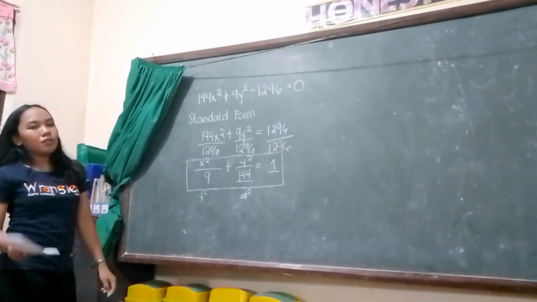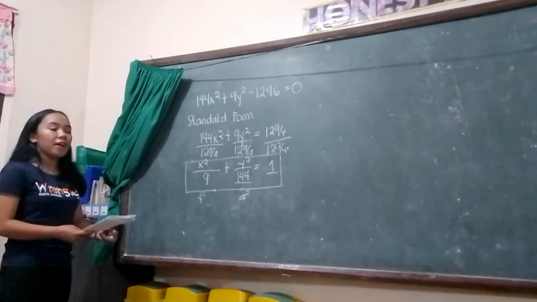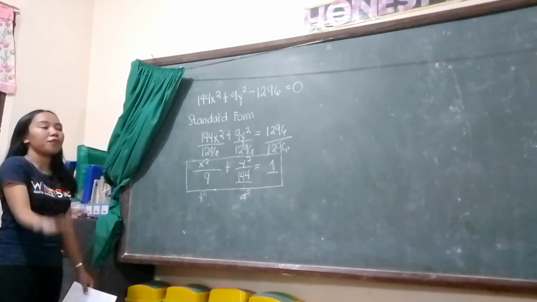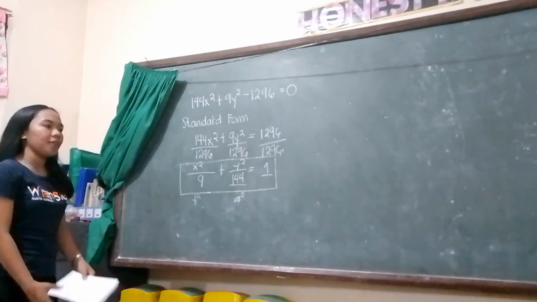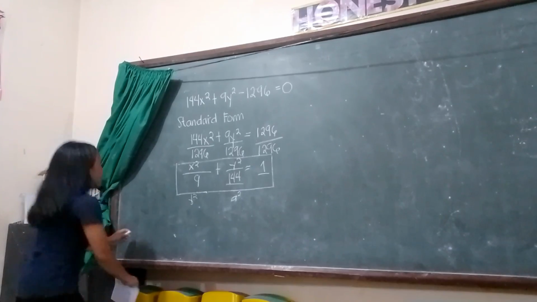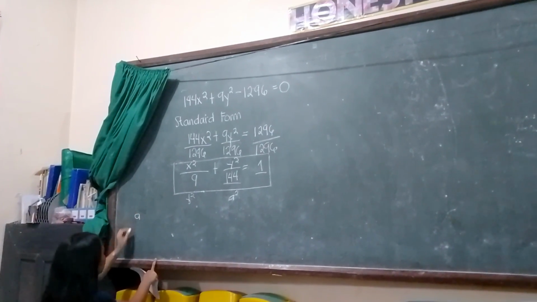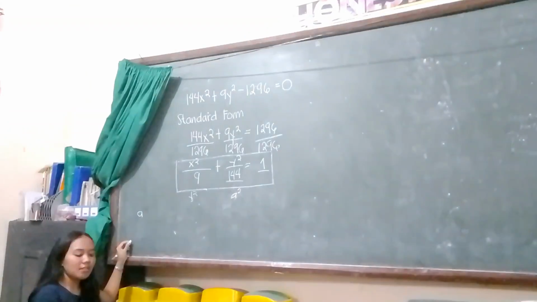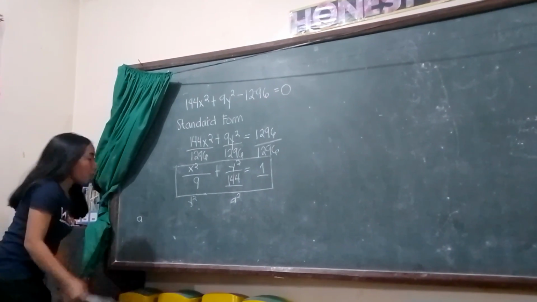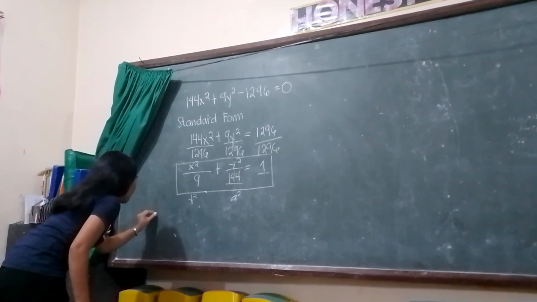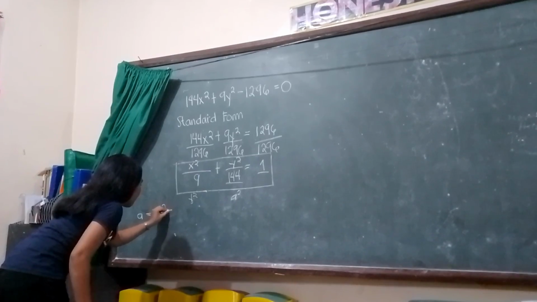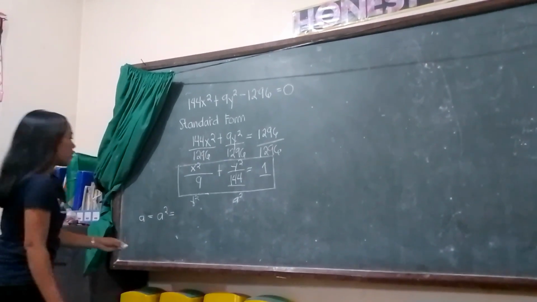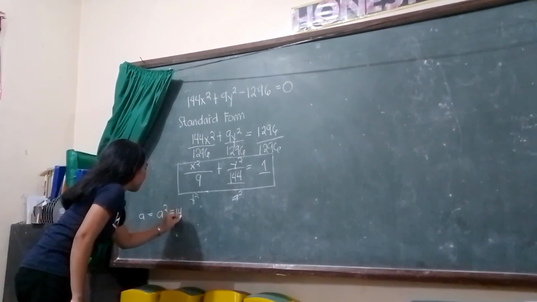To find the points or the plots for our vertices, co-vertices, and foci, we have here the a. So a is equal to the square root of a squared, just like earlier, which is 144.